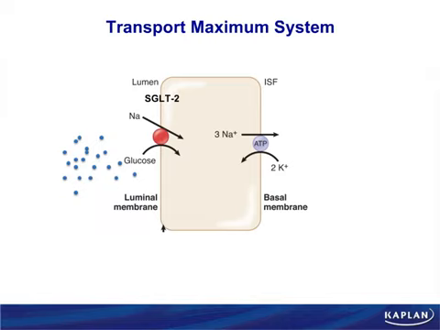Now, remember saturation kinetics. When I say the concentration of glucose in the lumen increases, what I'm really saying is the filtered load. The concentration of glucose in the lumen of the proximal tubules is the filtered load.